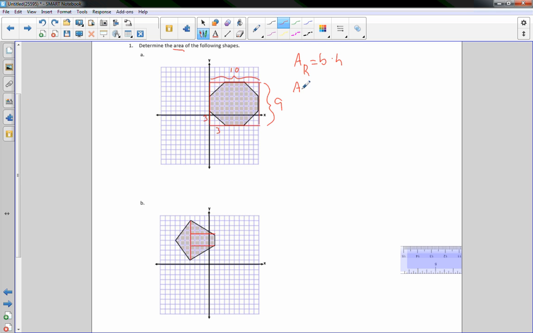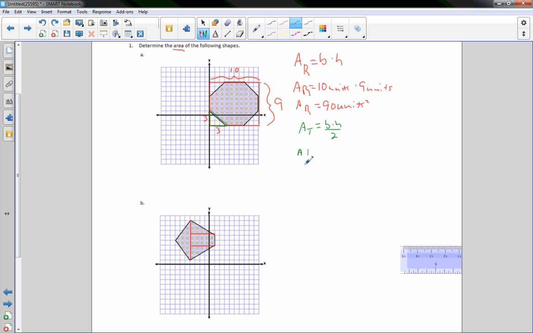So I found the easiest way to do this is find the area of the rectangle equals base times height. So the area of this rectangle equals the base of 10 units times the height 9 units. So the area of the whole rectangle is 90 units squared. And then I'll take the area of one right triangle, and the area of a triangle equals base times height divided by 2.